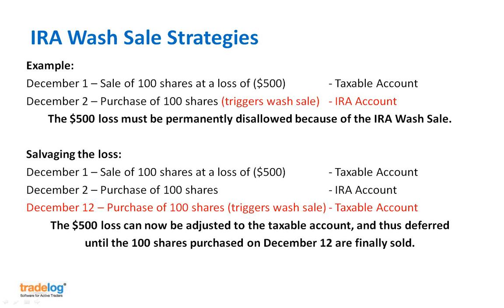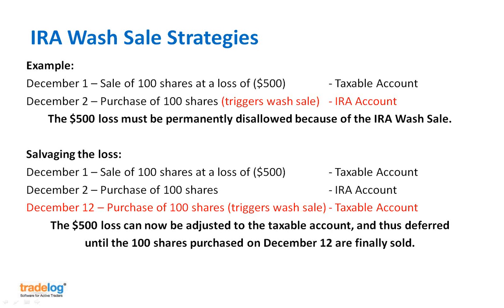So this is a strategy that you can use, and this is something the way TradeLog is set up. When TradeLog is making wash sale adjustments, we look, and if at all possible, we try to keep the wash sale adjustment within your taxable accounts. We only adjust to the IRA if there are no other options available. So that's why in the top part of this example, if the only purchase was in the IRA, TradeLog would have to make that IRA wash sale adjustment.